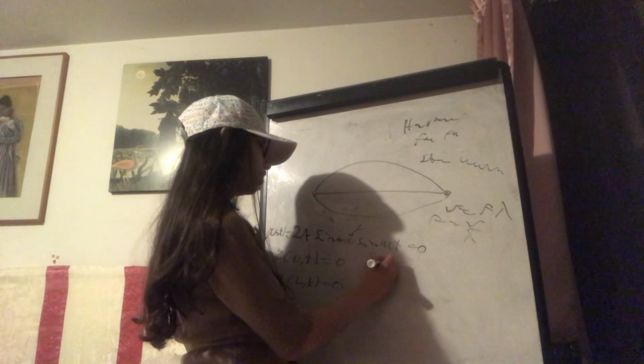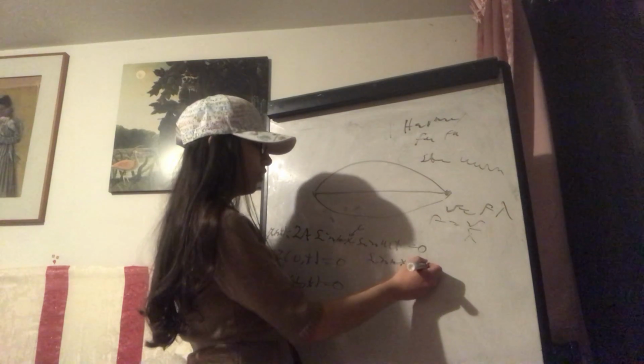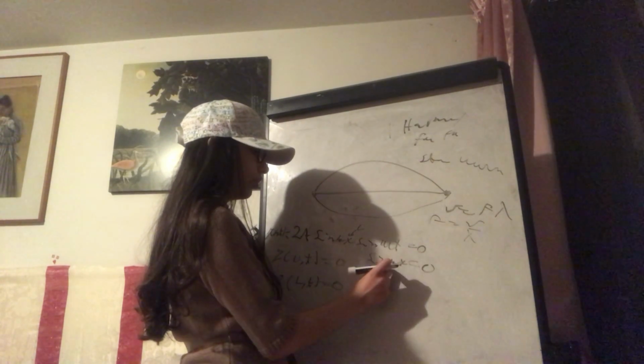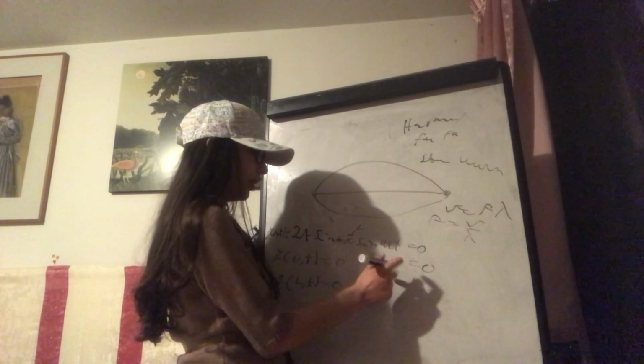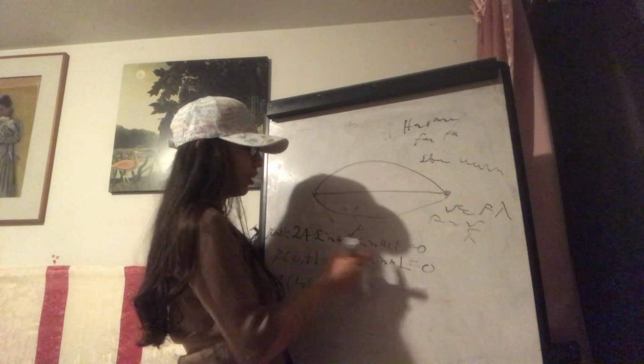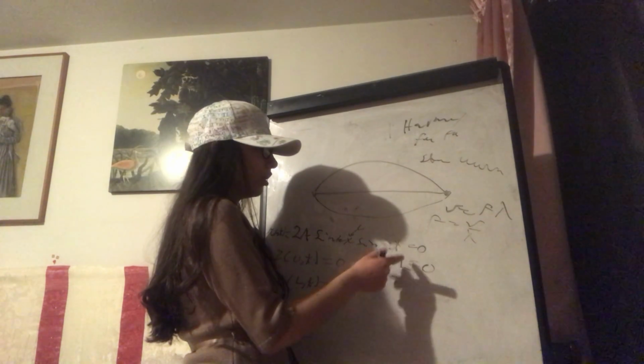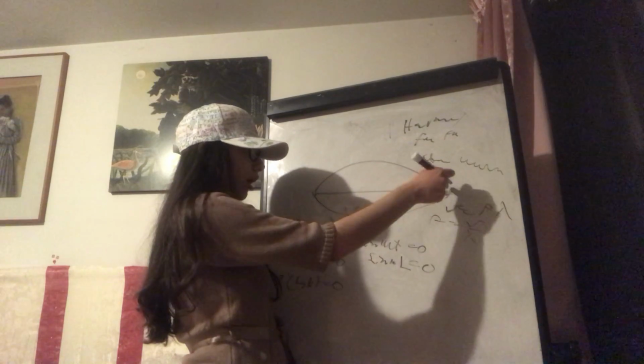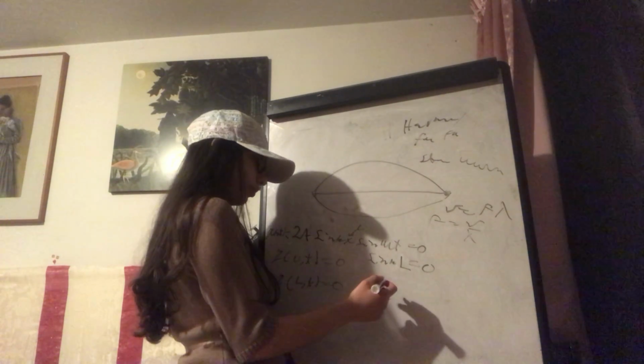So I have that sin(kx) is equal to 0, actually sin(kL), when x is the length of the string. I'm talking about the last point.